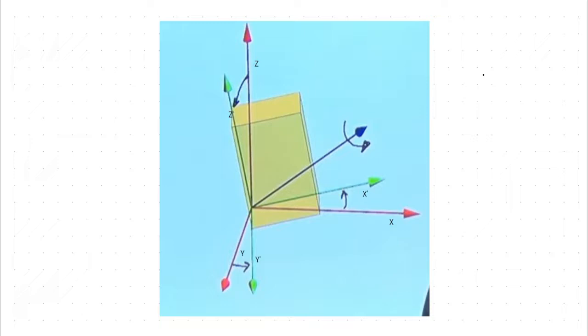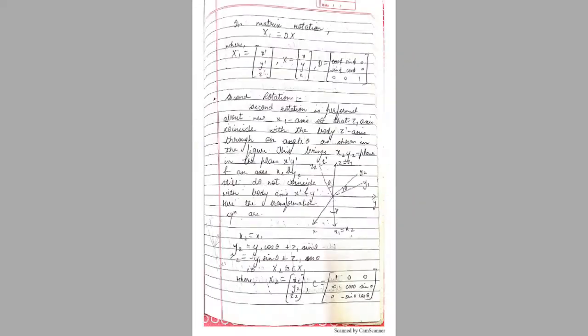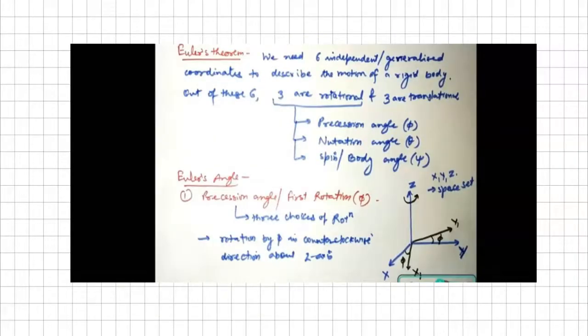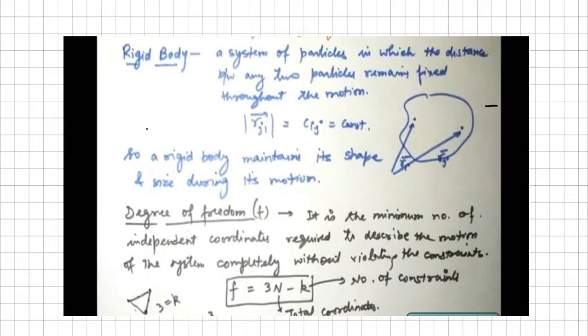Before that, one should know what a rigid body is, so first I will give you some information about it. Basically, what is a rigid body? A rigid body is a system of particles in which the distance between any two particles remains fixed throughout the motion. Generally, rigid bodies are bodies that don't change their shape during a motion.